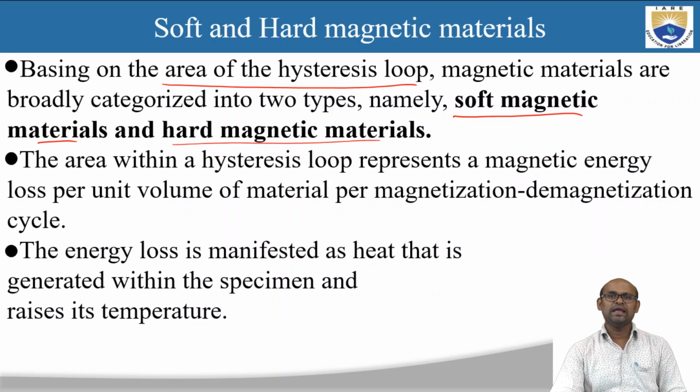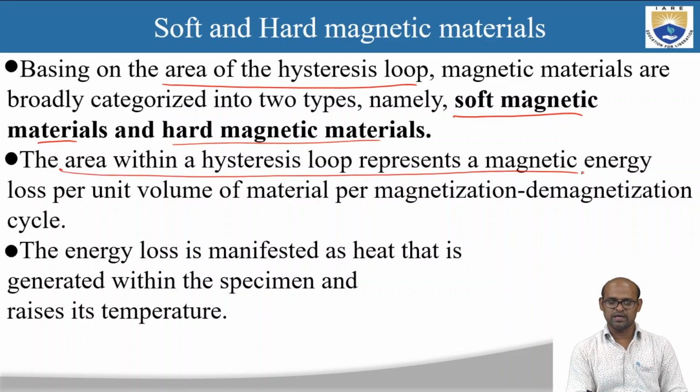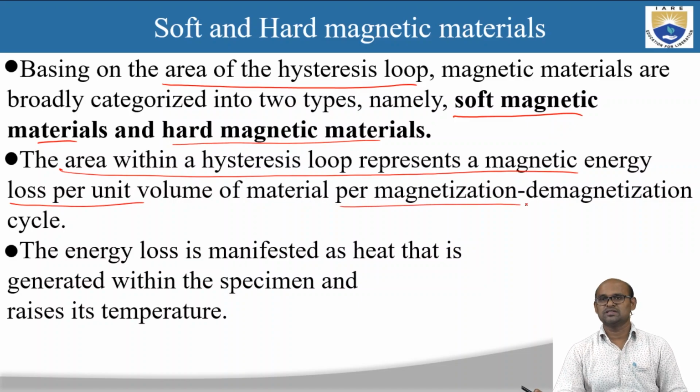The area within a hysteresis loop represents the magnetic energy loss per unit volume of material per magnetization-demagnetization cycle. So that is what we will discuss. The energy loss is manifested as heat that is generated within the specimen and raises its temperature.